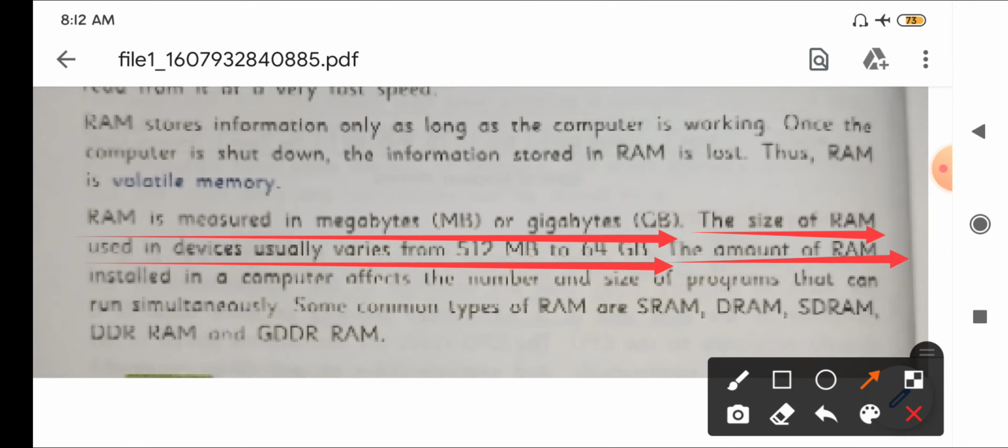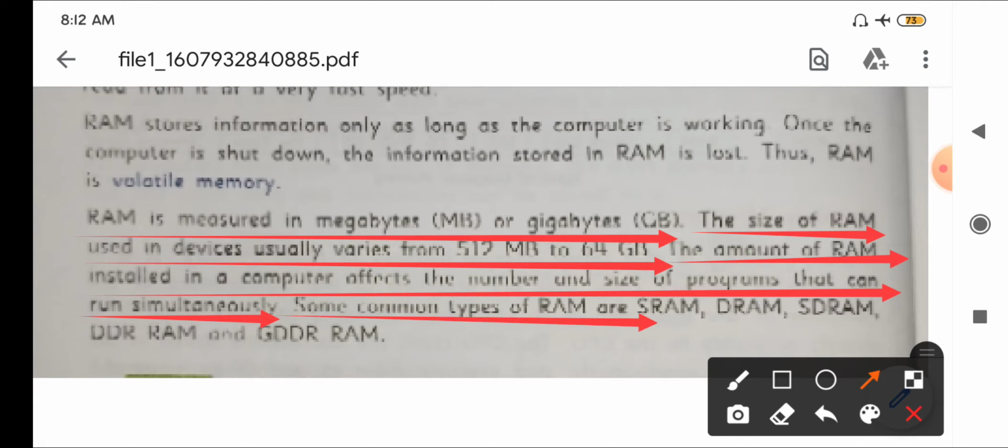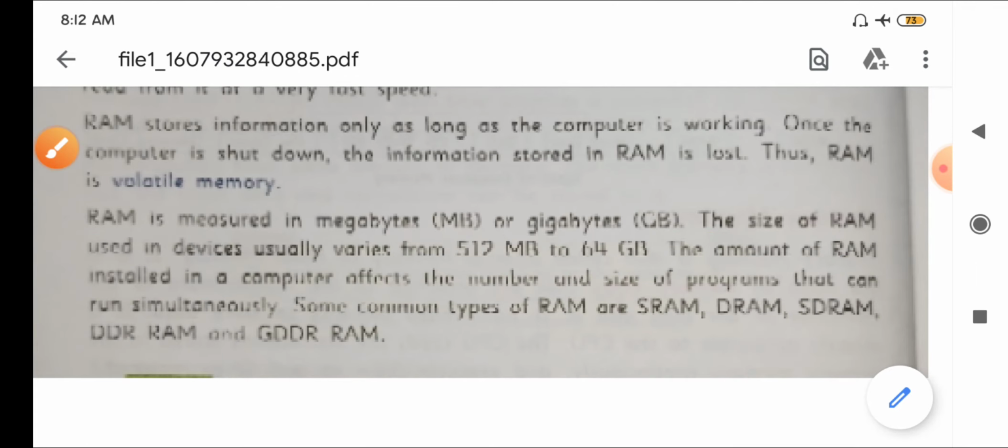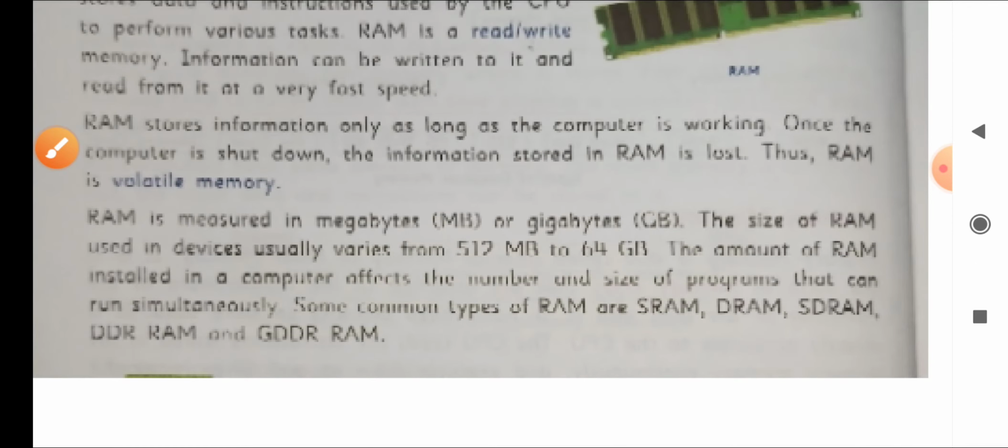The amount of RAM installed in a computer affects the number and size of programs that can run simultaneously. Some common types of RAM are SRAM, then DRAM, SDRAM, DDR-RAM, and GDDR-RAM.